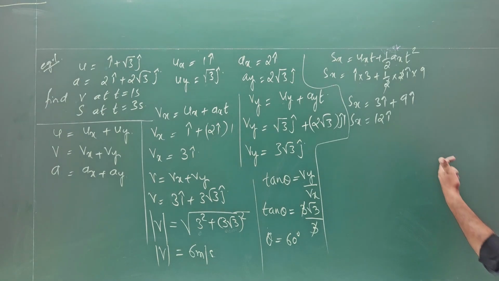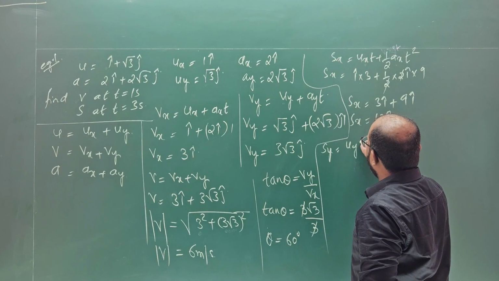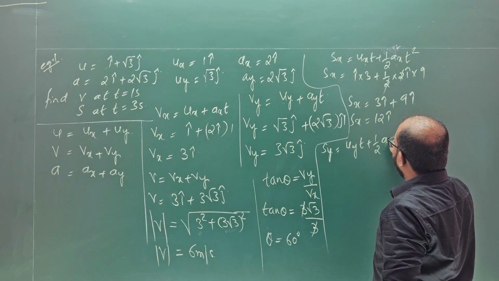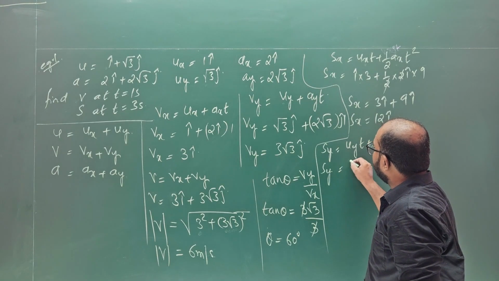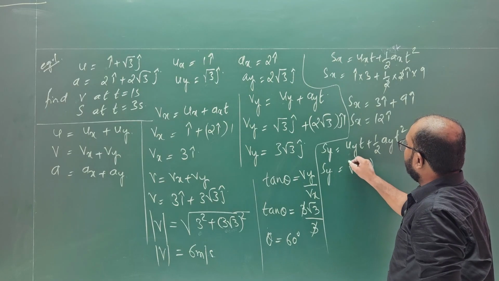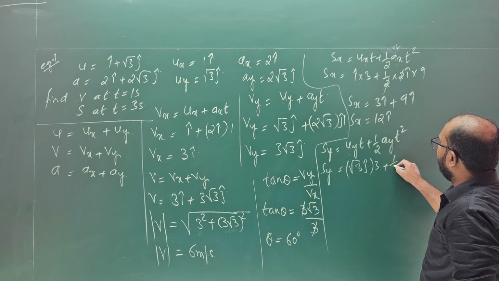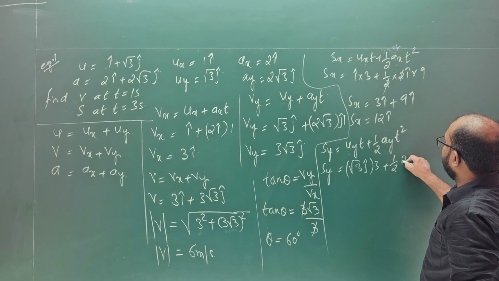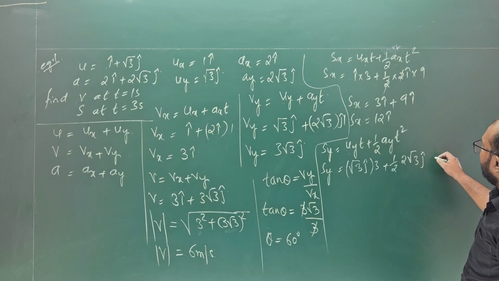Okay. Similarly, substituting in the Sy value. Sy is equal to uyt plus half of ay t squared. Now, Sy is equal to uy, root 3 j, into time which is 3, plus half of ay, that is 2 root 3 j, into t squared, again time is 9.